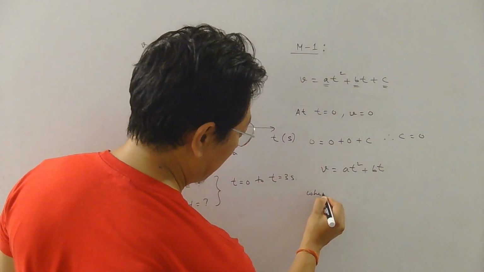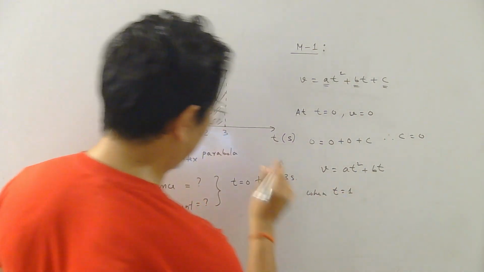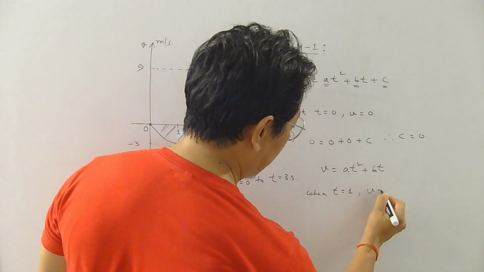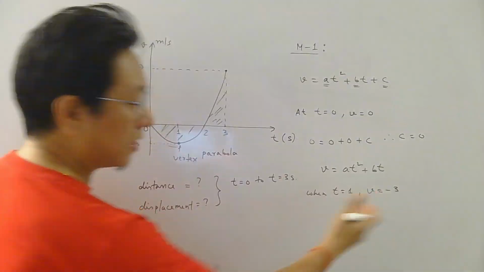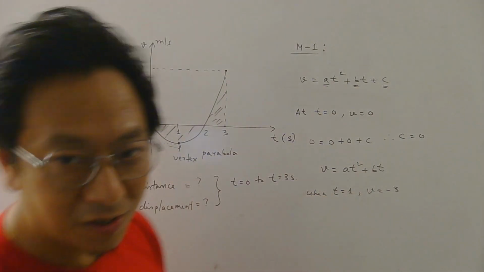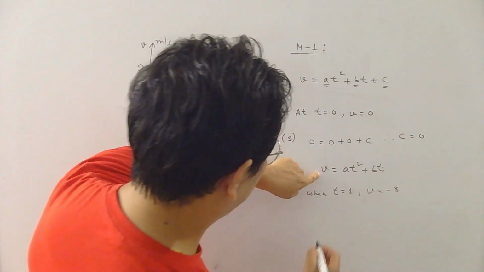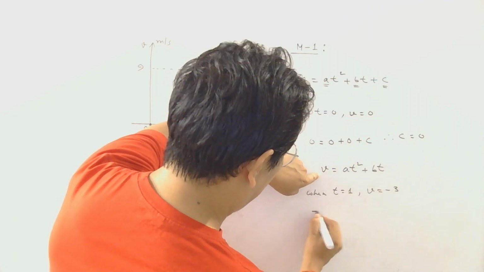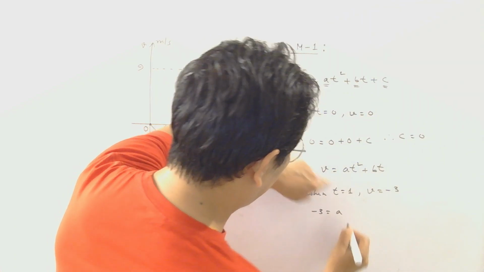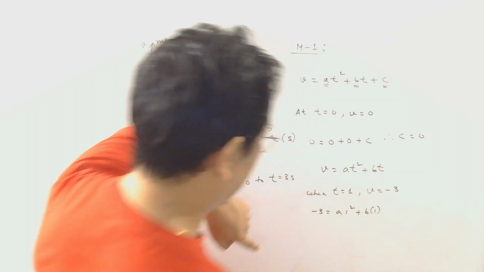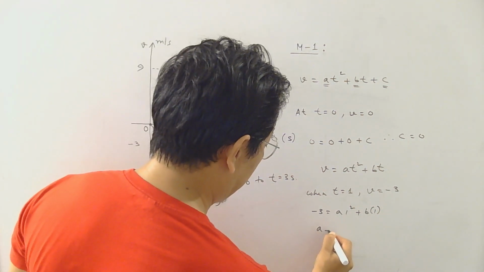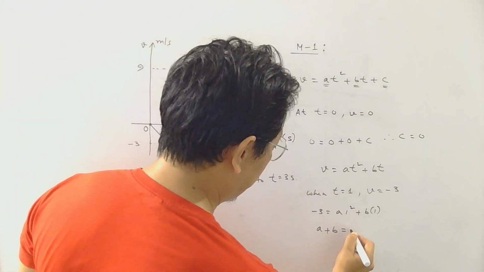So when t is 1 second, velocity is minus 3 meter per second. Units are obviously known, so I will not put the units. So substitute this here. When v is minus 3, t is 1, so a into 1 square plus b into 1. So this will give you a plus b equals minus 3.